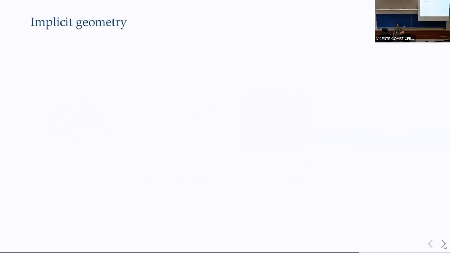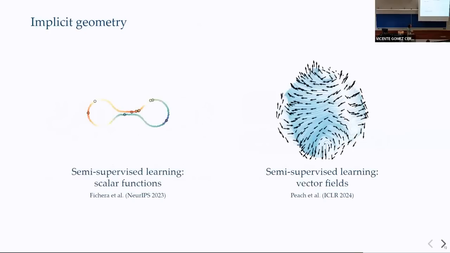People also study the question of what if I want to do this geometric modeling and say, I assume that my data lives on a manifold, but I don't know the actual manifold. How can I approach this problem? So this I refer to as implicit geometry, and there are studies that deal with this. There are interesting complications arising in that particular research direction as well.